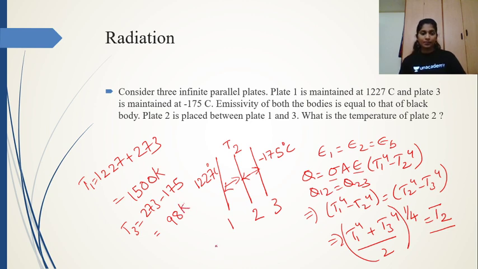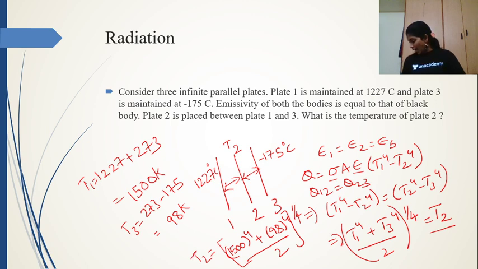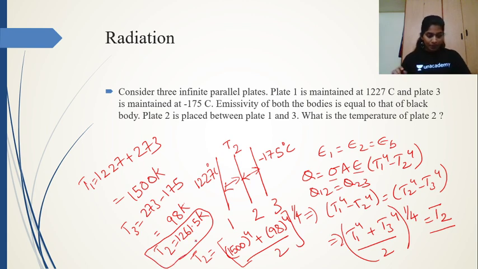So it will be 1500 power 4 plus 98 power 4 by 2, whole power 1 by 4. After calculating, you will get the temperature of the second plate as 1261.5 Kelvin. Okay, so this is the answer.